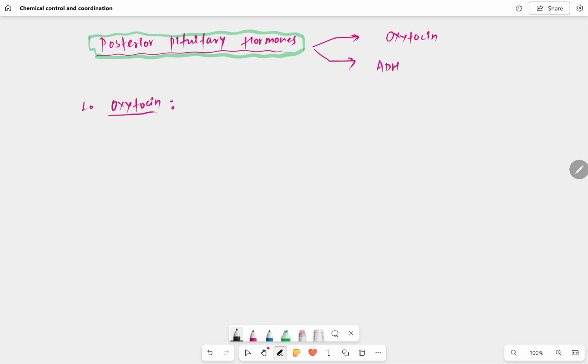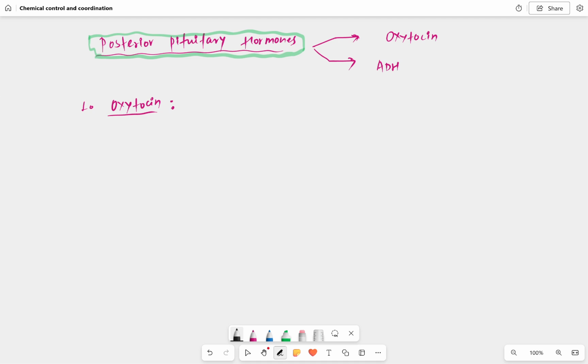So what is oxytocin basically? Oxytocin is the hormone which is synthesized by the hypothalamus, but it is stored in the posterior pituitary. That is why we say it is a hormone of the posterior pituitary.